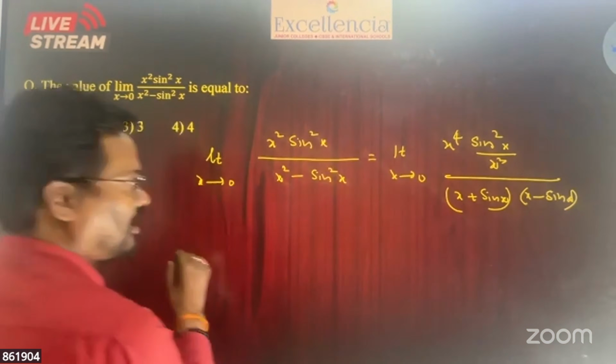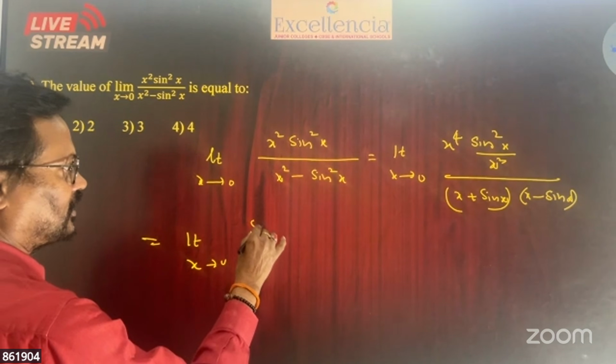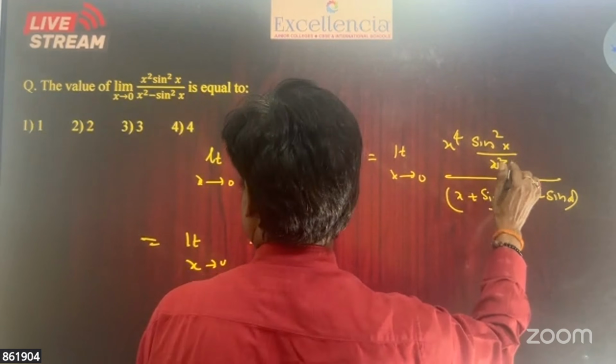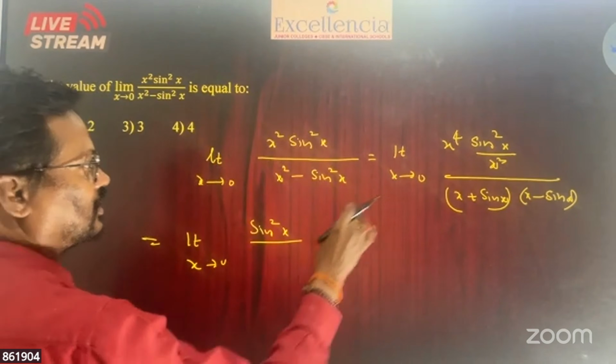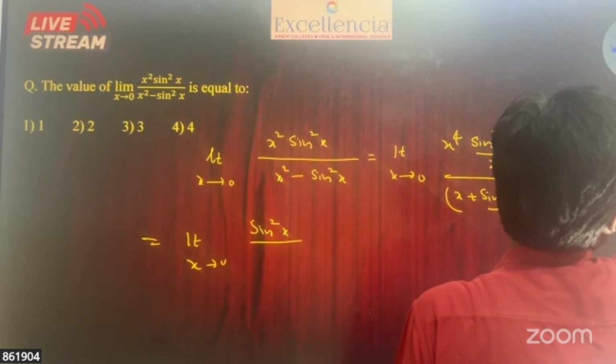After this, we can write this problem as sin x by x, with x power 3 and x square only. Now let us see this one.